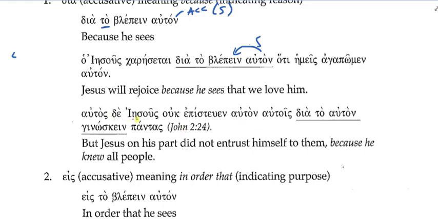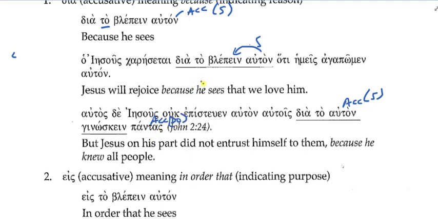Now, Jesus himself was not entrusting himself to them, and this dia to plus the infinitive tells you the reason, because, and then I have an accusative pronoun, because he knew pantas, all, right? By the way, that's accusative plural masculine, so the idea is he knew all men or all people. Okay, so this is accusative because it's the subject of the infinitive. This one's accusative because it's the direct object of the infinitive.